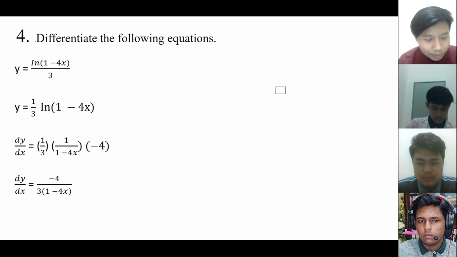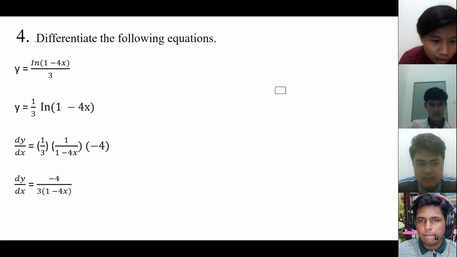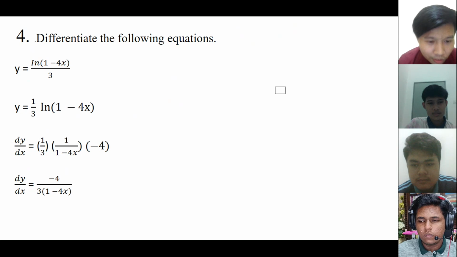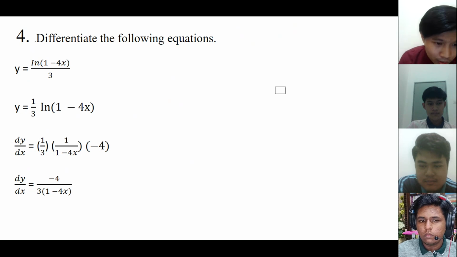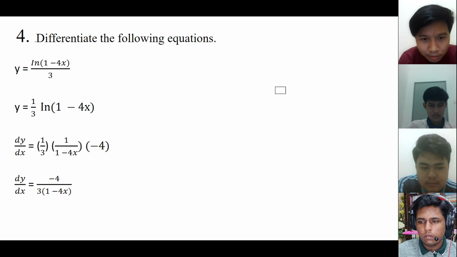So you need to differentiate. y prime equal to 1 over 3, bracket 1 over 1 minus 4x, bracket minus 4, and the answer is minus 4 over 3 bracket 1 minus 4x.